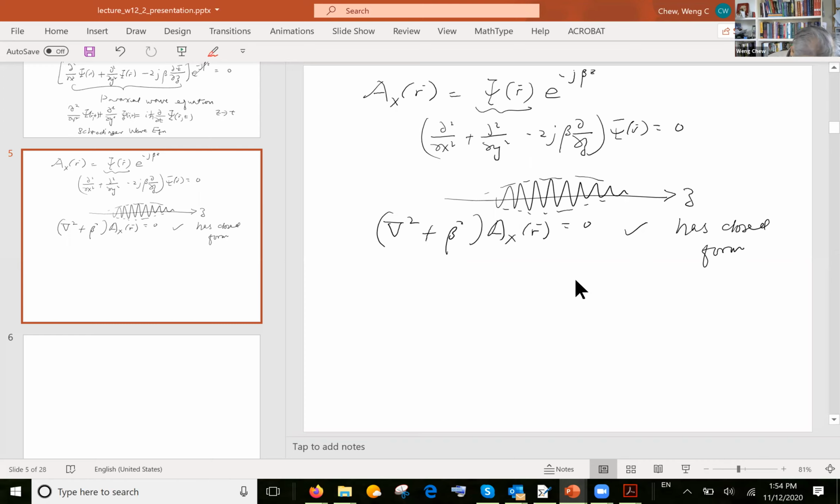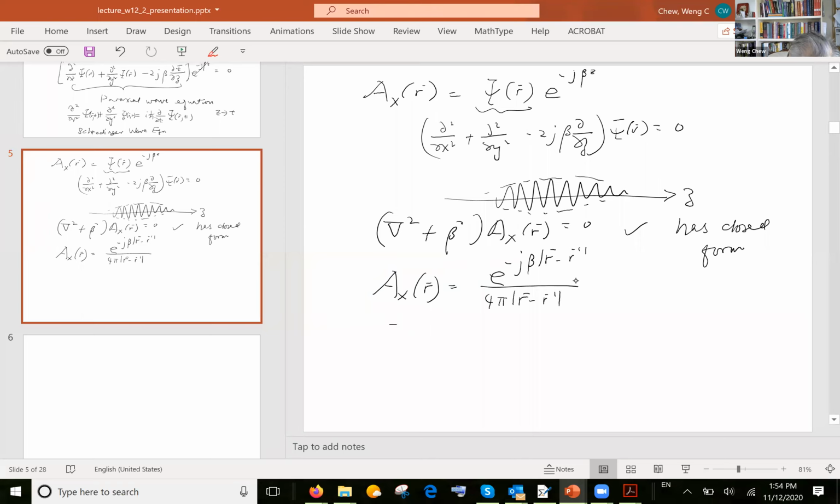For instance, we know that a spherical wave is a closed form solution of this Helmholtz wave equation. And an example of this is this one. Okay, when we have a point source on the right-hand side, this is a solution.